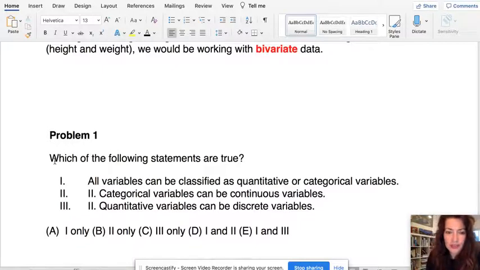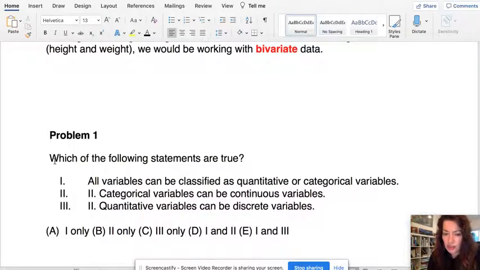1, all variables can be classified as quantitative or categorical variables. Yes, that is correct. 2, categorical variables can be continuous variables. No, categorical variables are not continuous variables. So if you recall, a categorical is the same as qualitative, which means you are not measuring anything.